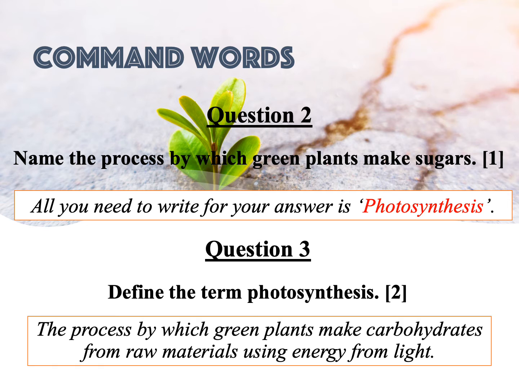If the question asks you to name or state, usually you just need to give one or a few words of the keywords or the biological terms used in biology. If the question asks you to define the term, what you need to do is write the definition for the term. The definition of the biological terms can be found in your textbook glossary part.